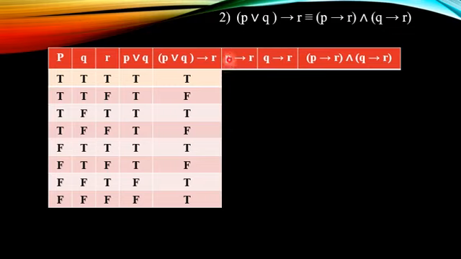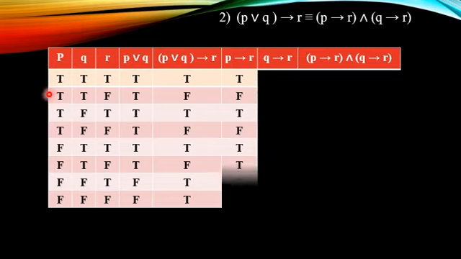Now we find P implies R. That means first column implies third column, and the truth values are TT true, TF: the first statement is true, the second one is false, so TF false, again TT true, TF false, FT true, FF true, FT true, FF true.